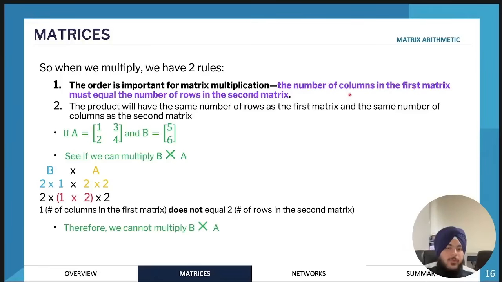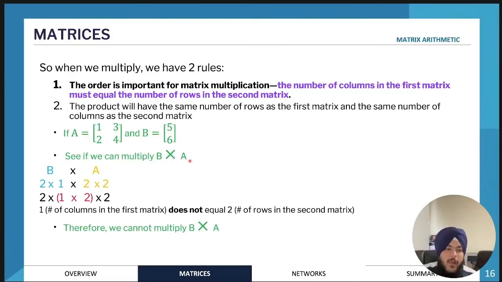The essential rule is that the number of columns in the first matrix must equal the number of rows in the second matrix. This is really important. So if we had matrix A and wanted to multiply it by matrix B, or the other way around, B times A.